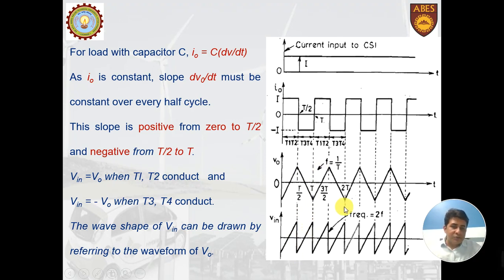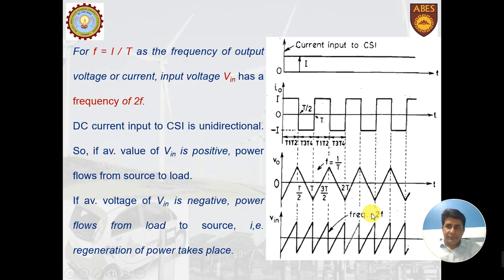If you compare these two waveforms, you will find that the output waveform has a frequency of f, while the input waveform has a frequency of 2f. Now the DC current input to a current source inverter is unidirectional.